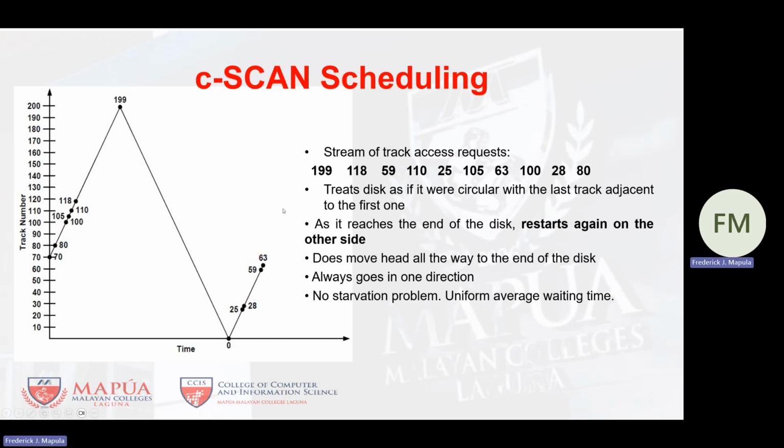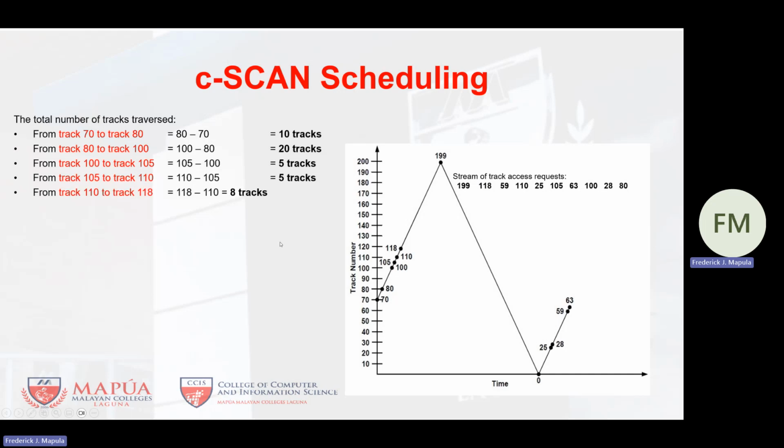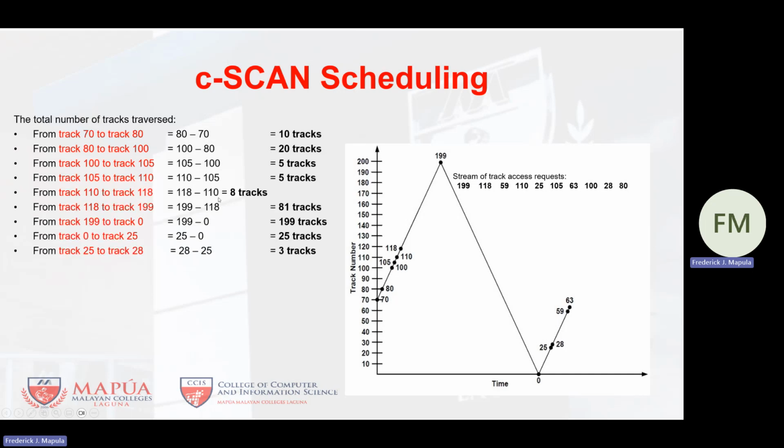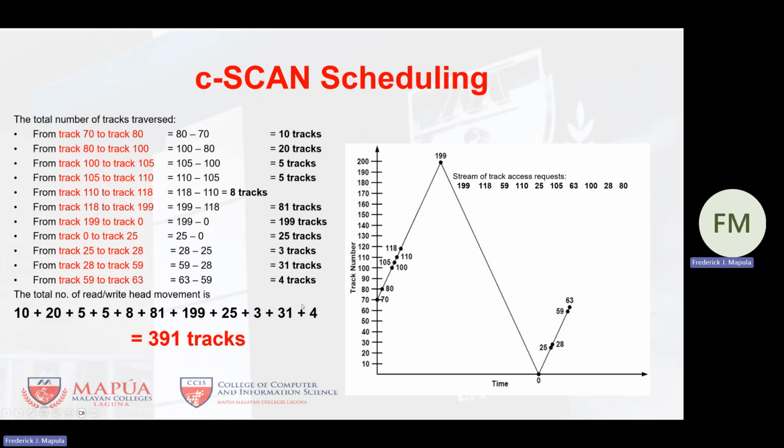Okay? So, you get the computation of the tracks, or the differences, from 70 to 80 and so on. When we add their differences, our total is 391 tracks.